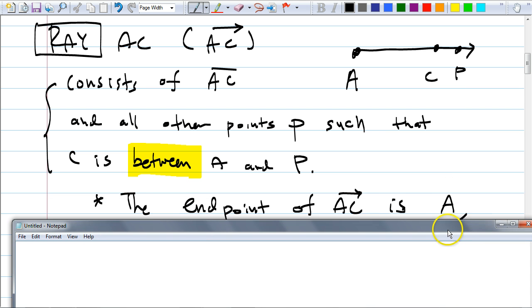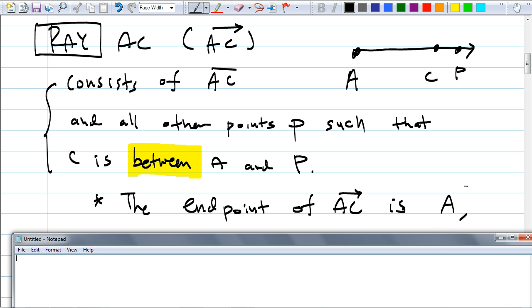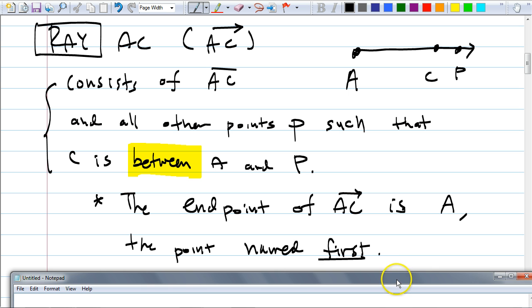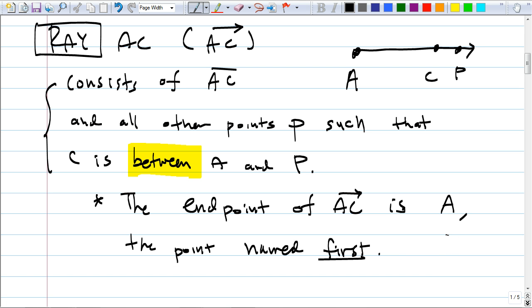So again, by the way, the endpoint of AC is A. I'm going to highlight this. The endpoint of AC is A, and whenever we name rays, I think I mentioned this before, you need to name the endpoint first, okay? Endpoint first.